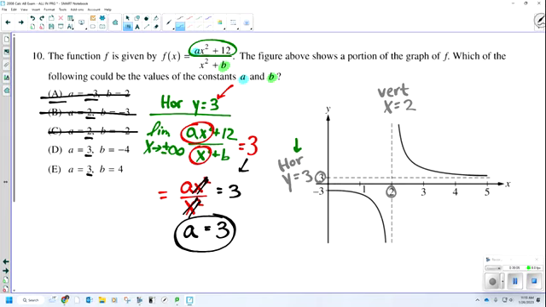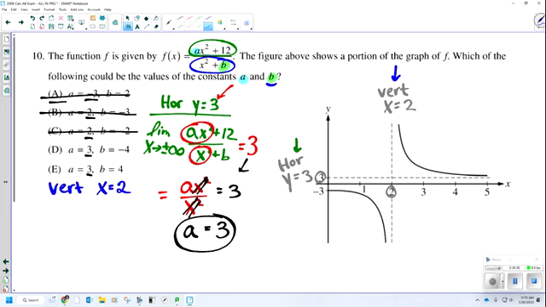So let's take a look at b now. Let's find b. We did a horizontal asymptote, and b is in the bottom, in the denominator. I'm going to use the vertical asymptote, which happens at x equals 2.